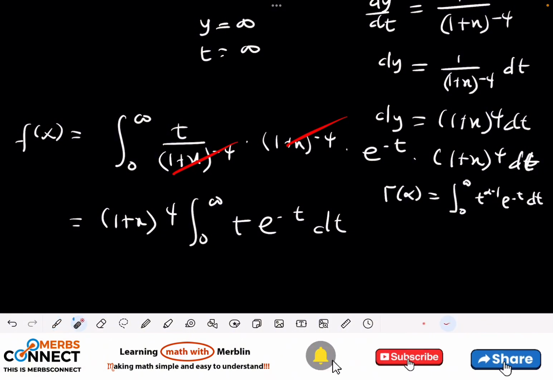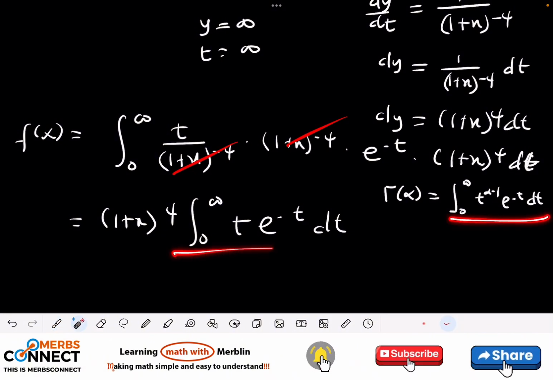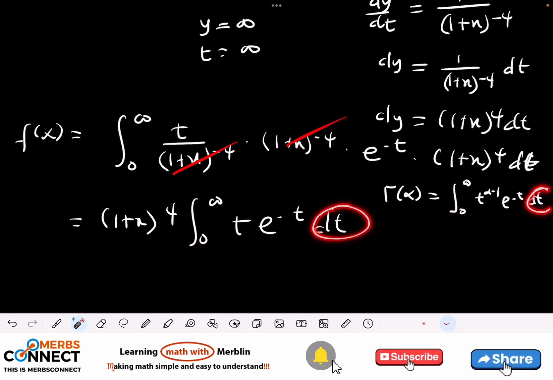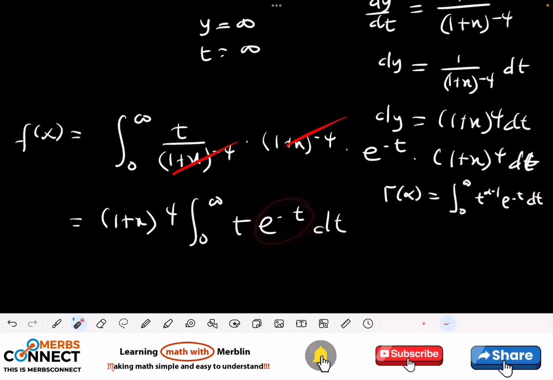When you compare this here and this, you can see that they are almost the same. We have dt, we have e to the power minus t, and the integration from 0 to infinity. The only thing is, we have t here, which is to the power 1, and t here, which is to the power what? Alpha minus 1.